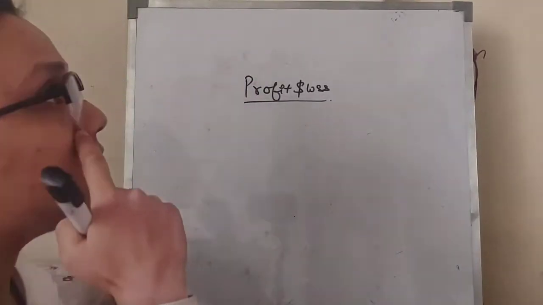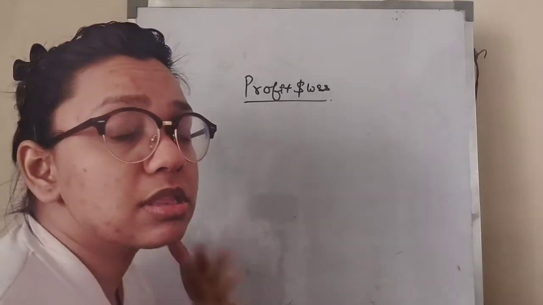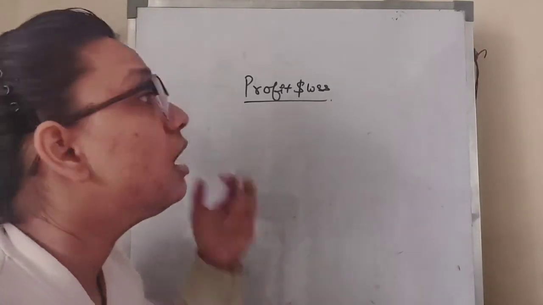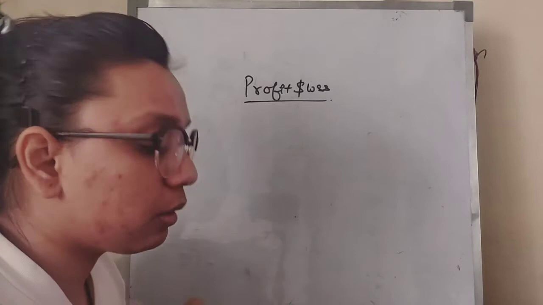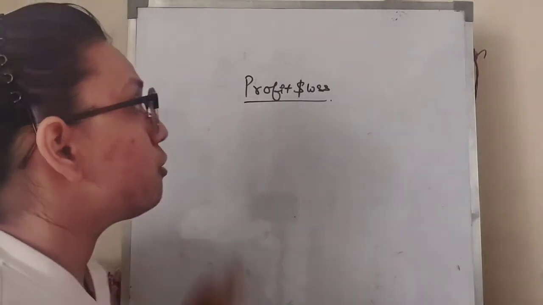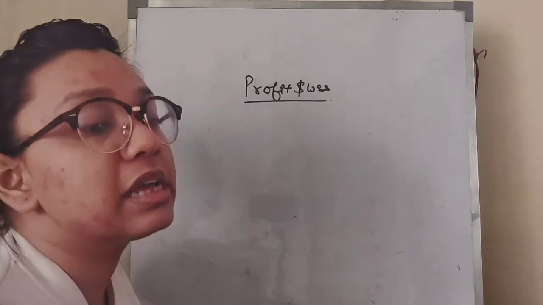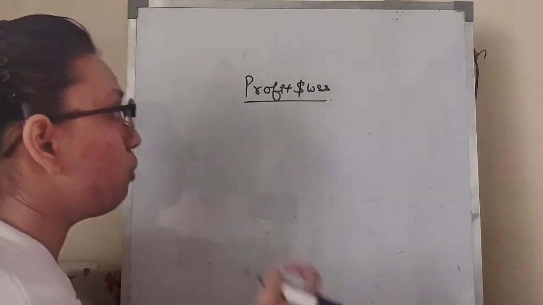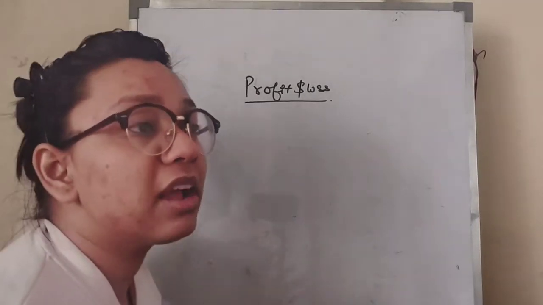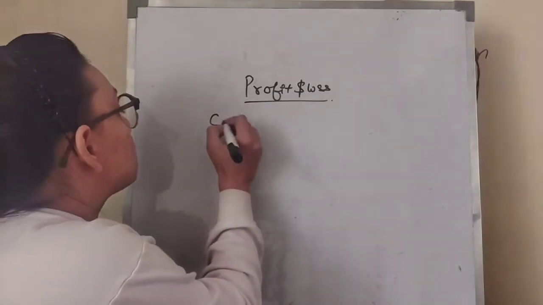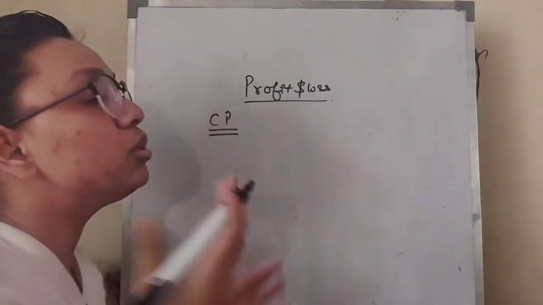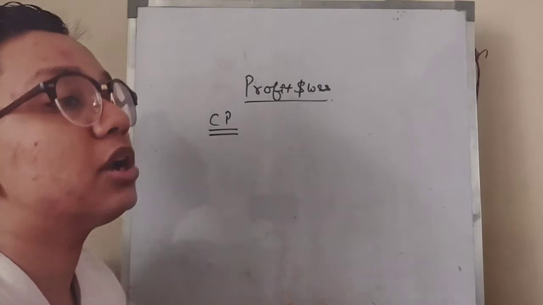Whenever we are talking about profits and losses, what is the actual meaning and how do we calculate them? First of all, it's all related to cost price, market price and selling price. So we are going to understand first what these terms actually are. Cost price refers to the cost at which we are producing.